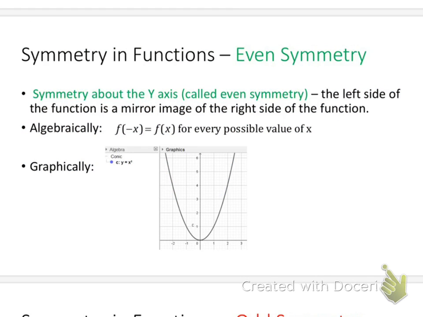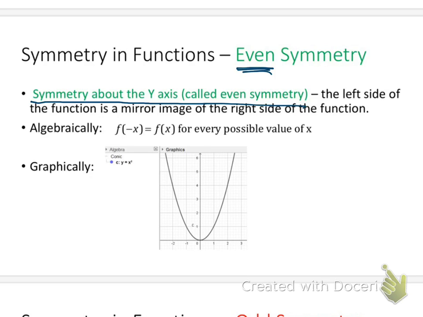Okay, the last topic covered in this chapter 3 is symmetry. So symmetry in functions. There are two kinds of symmetry that they talk about. One is even symmetry. If you have an even symmetry situation, you're going to have symmetry about the y-axis.